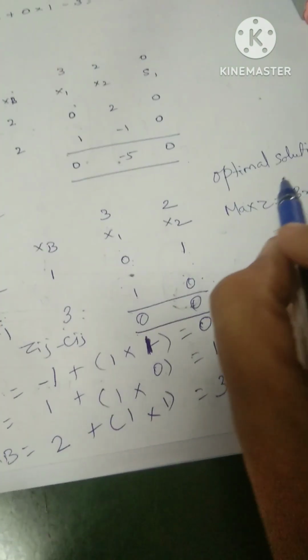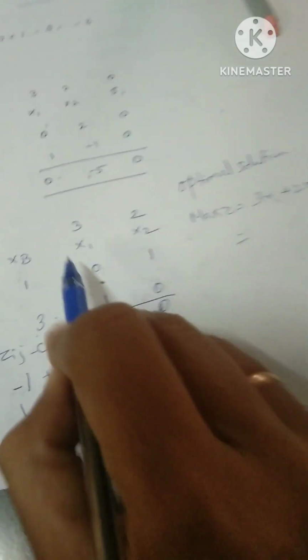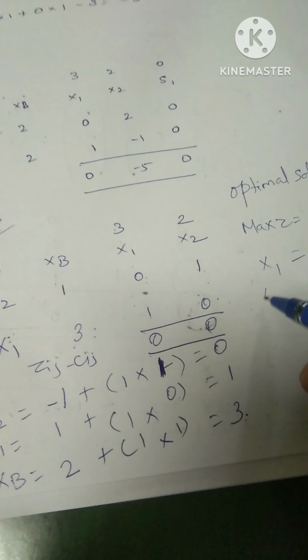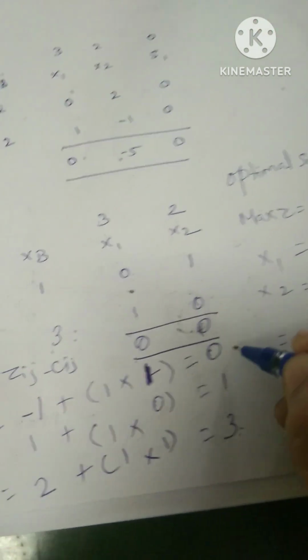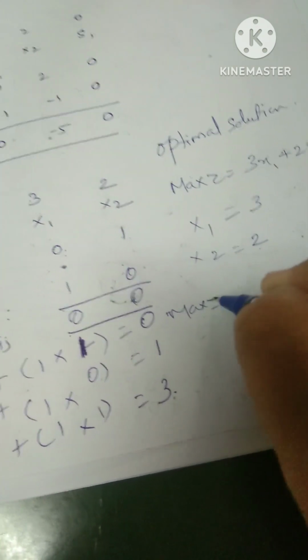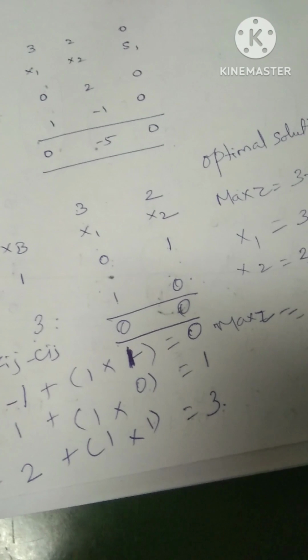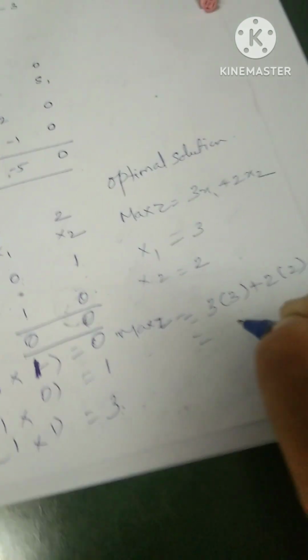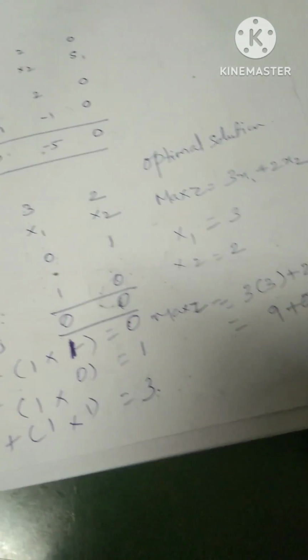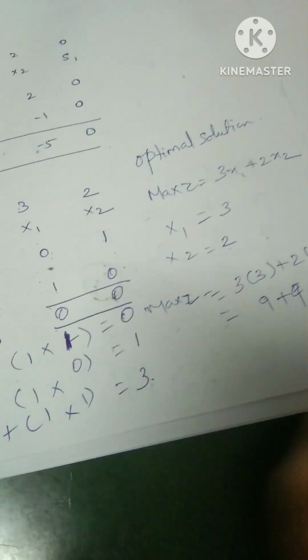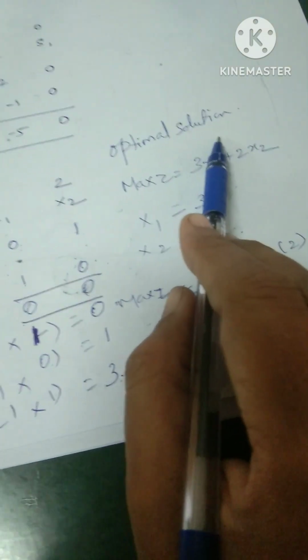Here x1 is 3 and x2 is 2. So maximum z is equal to 3 into 3 plus 2 into 2. So 9 plus 4, which is 11. So this is the maximum objective, and on the basis of 11 we receive the optimum solution.